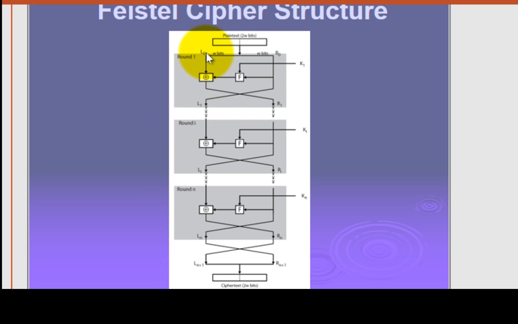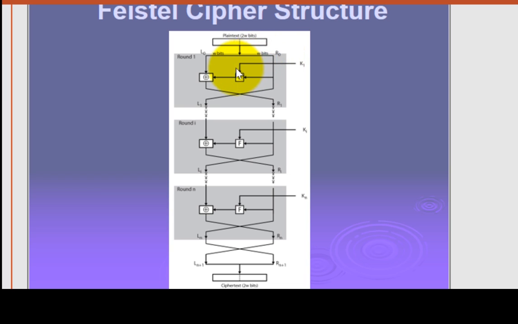Whereas for the left half data, that is L0, a round function is applied. This is the round function. The round function is calculated using the right half data. You can see the input from the right half data and also from the subkey, that is K0. Because this is round one, K0 is the subkey for the first round.